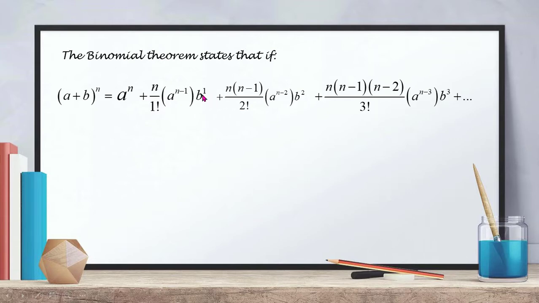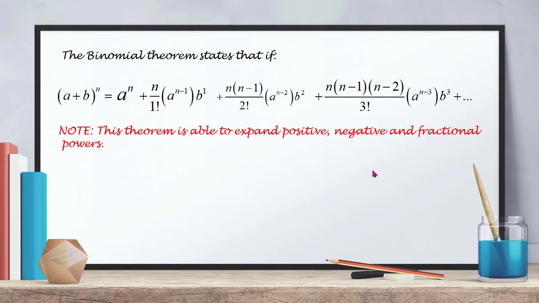And b, we're simply increasing it by 1, so we've got 1, 2, 3, 4, 5, and so on. This theorem is able to expand positive, negative, and fractional powers.